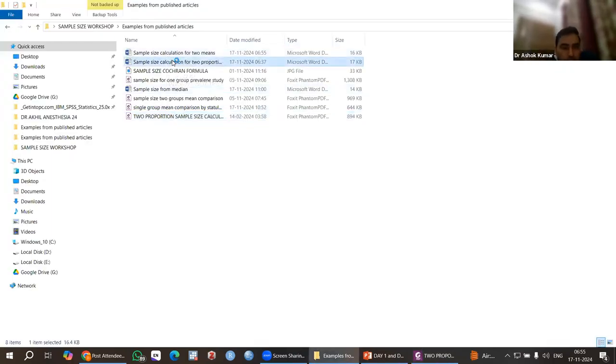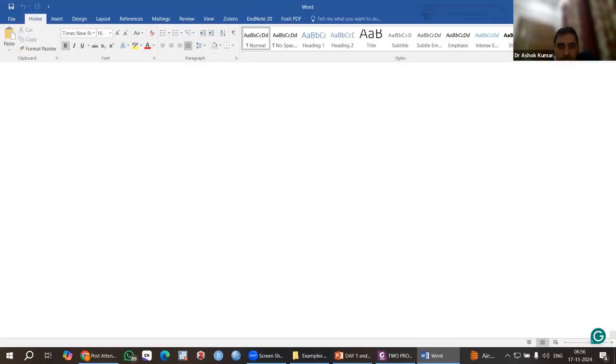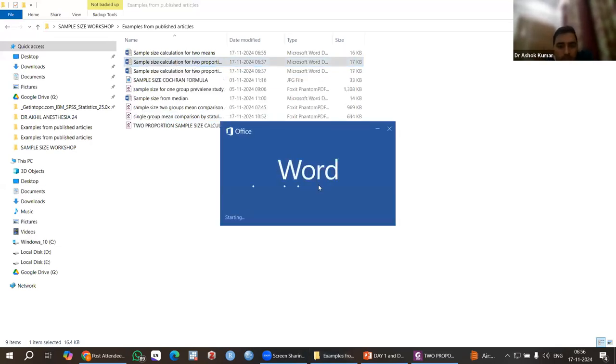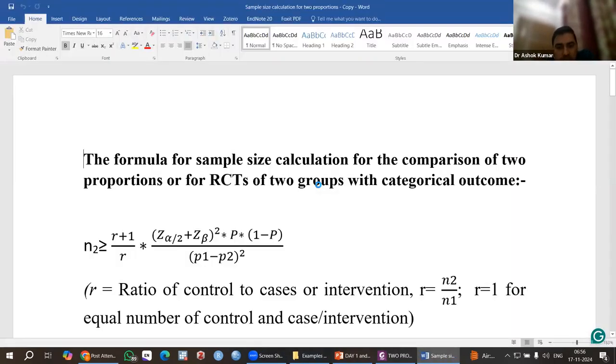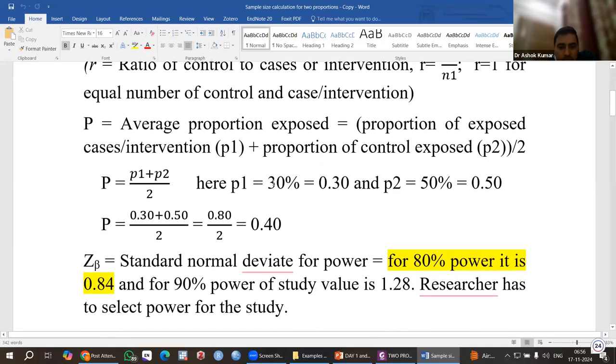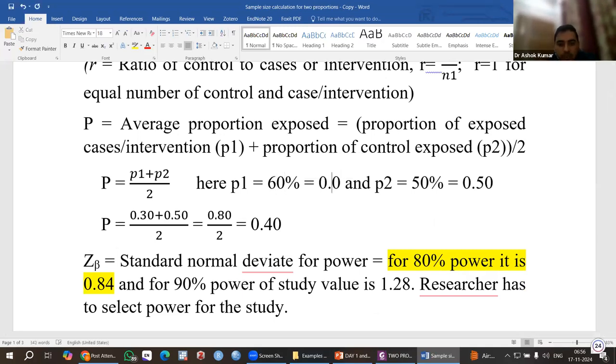So this is two proportions. Oh, sorry, I want to copy paste. I want to save this file. Okay, so I can use this. So here P1 is for control, it is 60%, so it is 0.6.